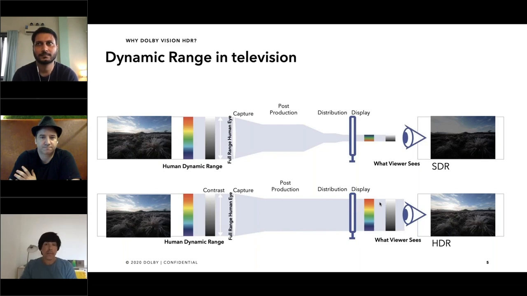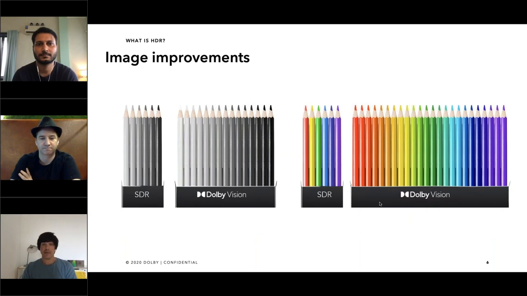If we compare the capabilities of SDR to HDR Dolby Vision, we can clearly see that Dolby Vision HDR delivers a mechanism to transport a wider dynamic range as well as a wider color gamut from capture throughout the post-production process, all the way through encoding and delivery to the consumer on their respective devices.